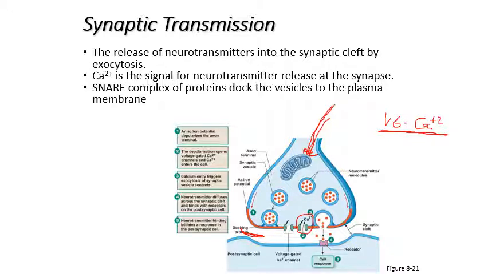When those channels open, calcium rushes in, and now calcium is the trigger for exocytosis of those vesicles.